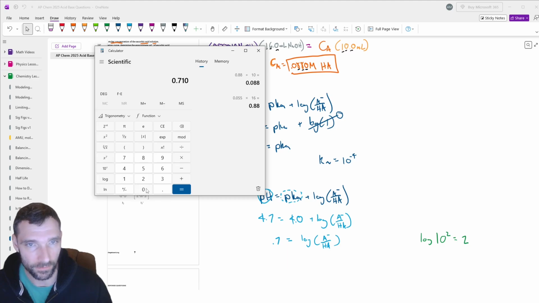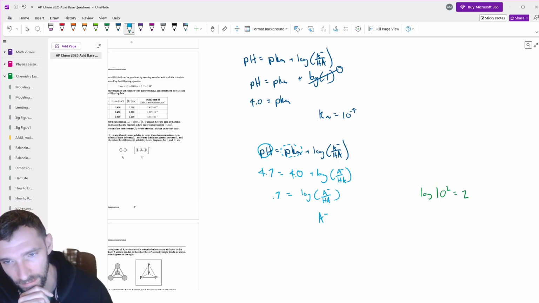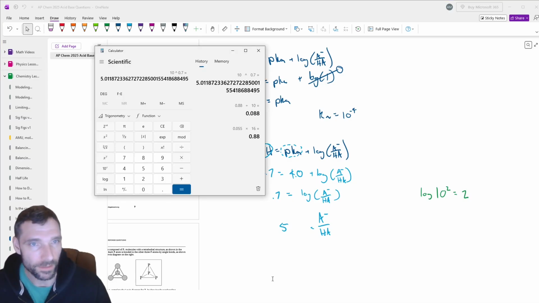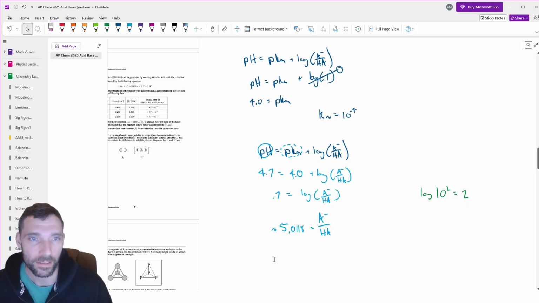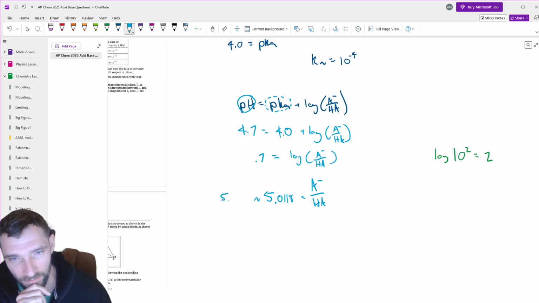So 10 to the 0.7 power is about 5. So our ratio of A minus over HA is about 5 to 1, or 5.0118. We could round that, since 4.7 has 2 sig figs. So this is basically 5.0 for that ratio between the two.